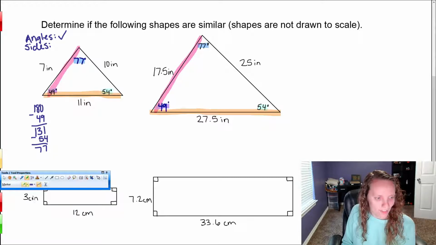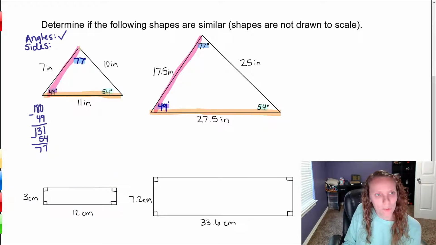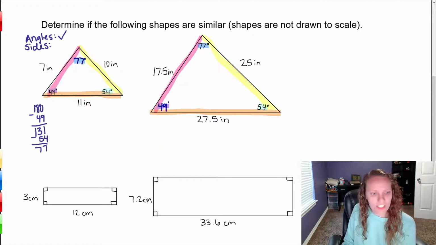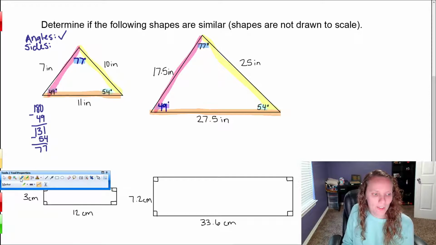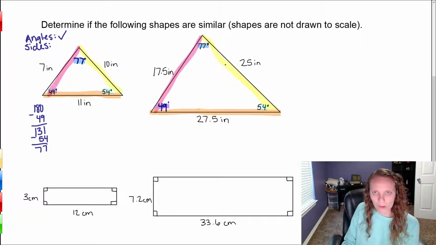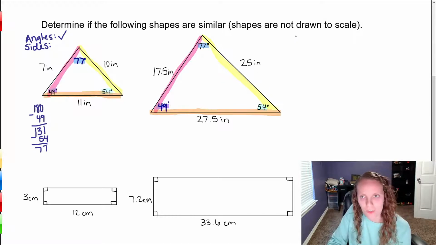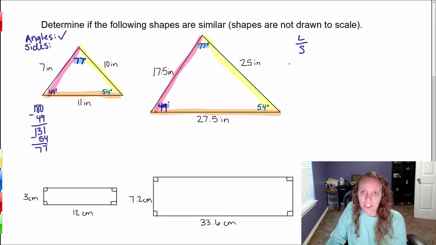And then that leaves the third side to be corresponding as well. These sides don't have to be congruent, but they do need to be in proportion to each other. So we're going to set up fractions, and we're going to do the larger triangle over the smaller triangle. And we're going to do that for each of the sides.